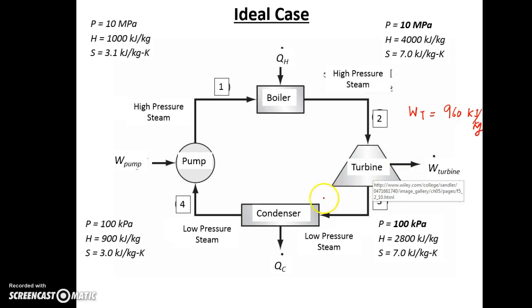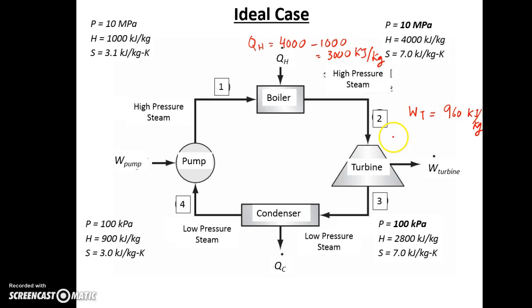So that's already done. So our QH is the same, 4,000 minus 1,000 is equal to 3,000 kilojoules per kilogram. Okay, so our actual work is 960.